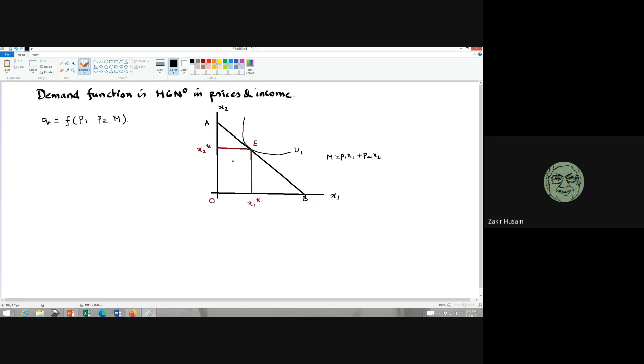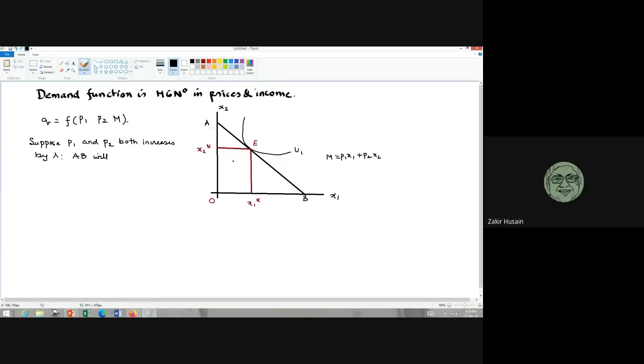Now suppose price doubles. So P1 and P2 both increase by, let us say, lambda. How will the budget line change? So it will shift.